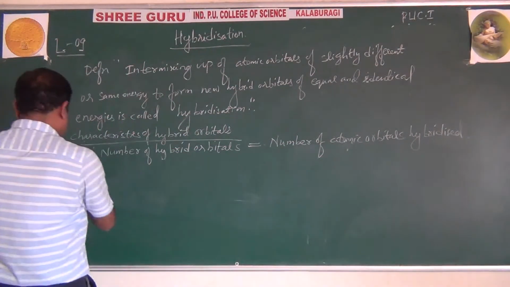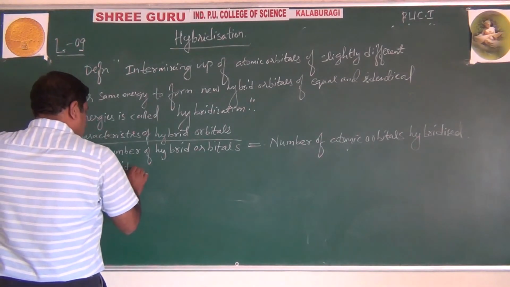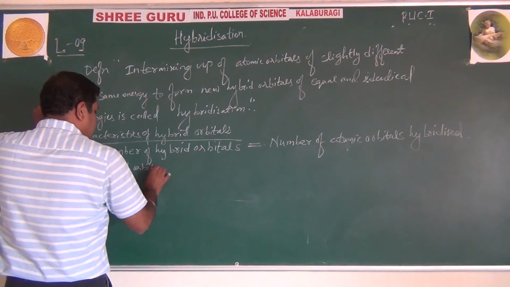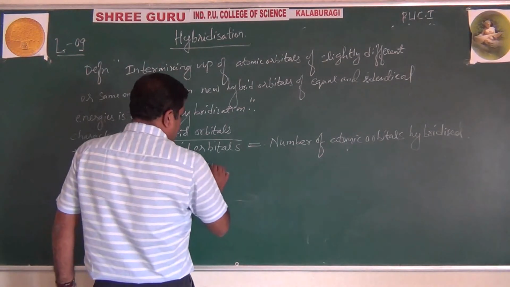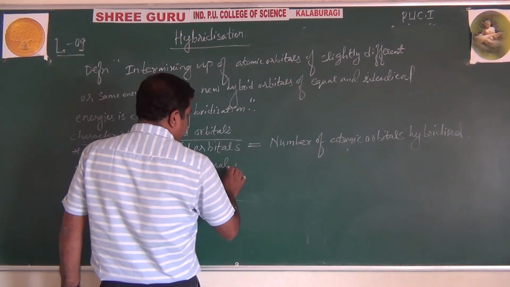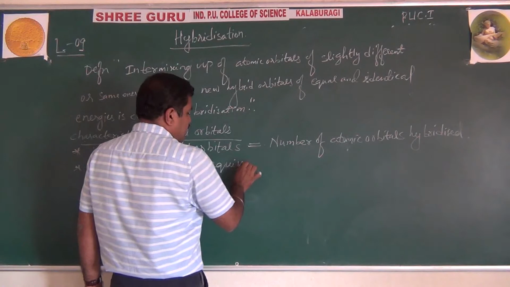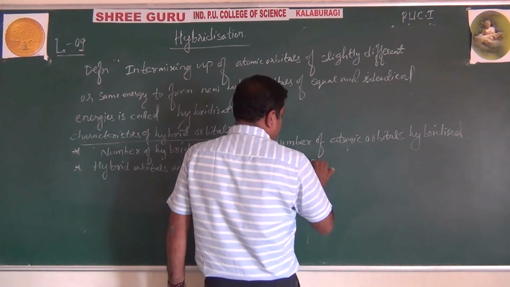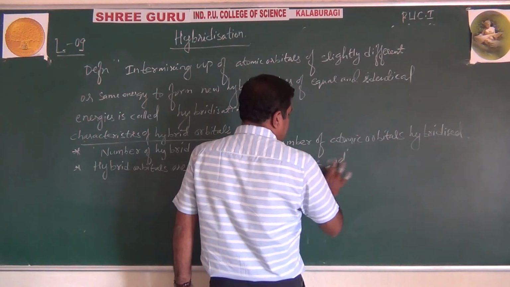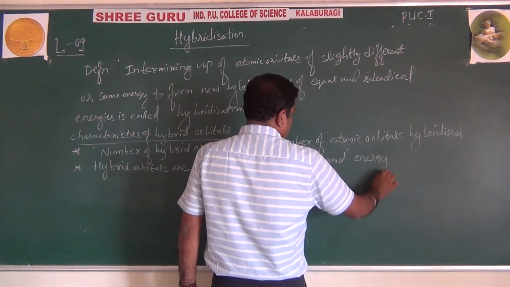This is one. Next, a very important point: hybrid orbitals are equal or equivalent in shape and energy. Exactly equivalent in shape and energy. This is a very important point.